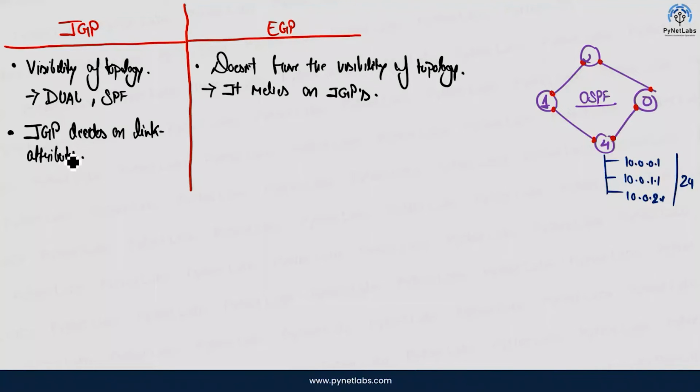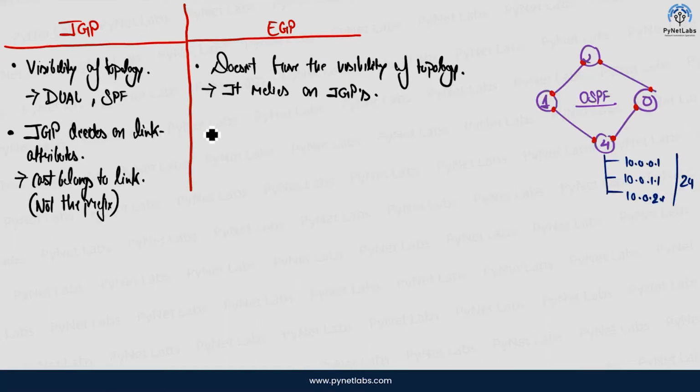What I mean by that is, link attributes are nothing but the cost which belongs to the link. So they don't actually care about the prefix. All the IGP routing protocols will take the decision according to the cost of the link.